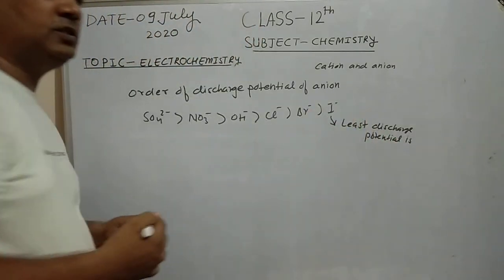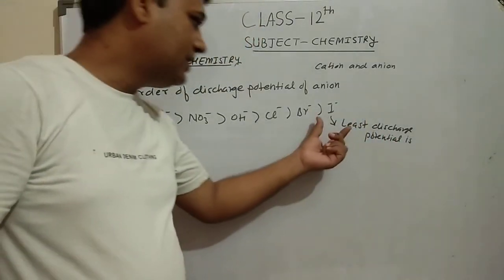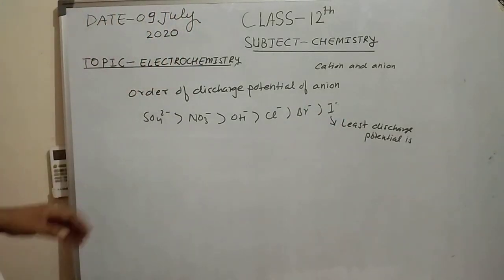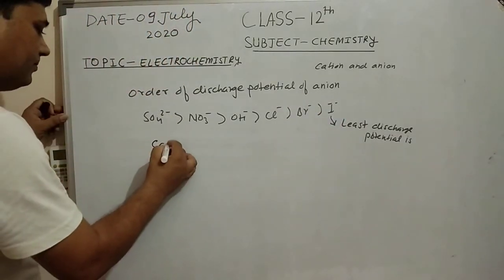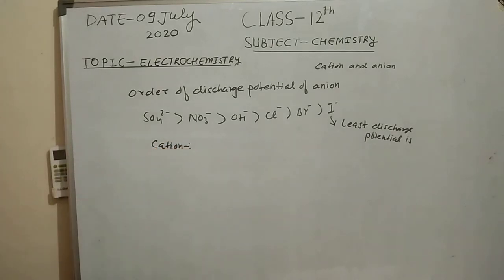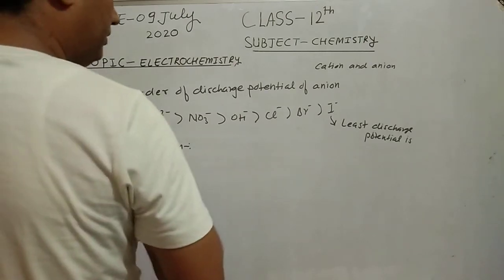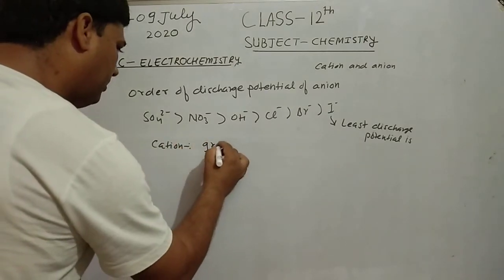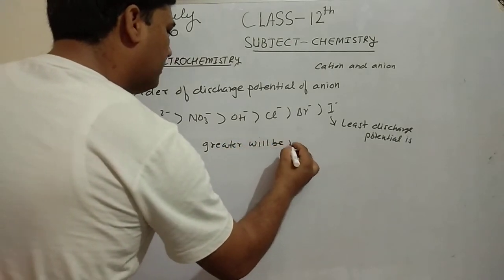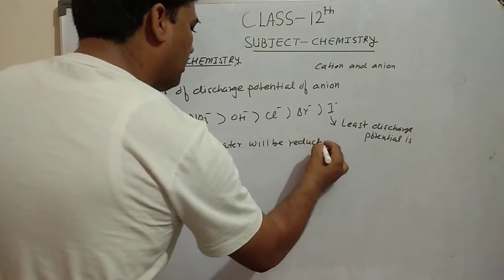It requires less potential to move toward the respective electrode. But in case of cations, it depends on the reduction potential.